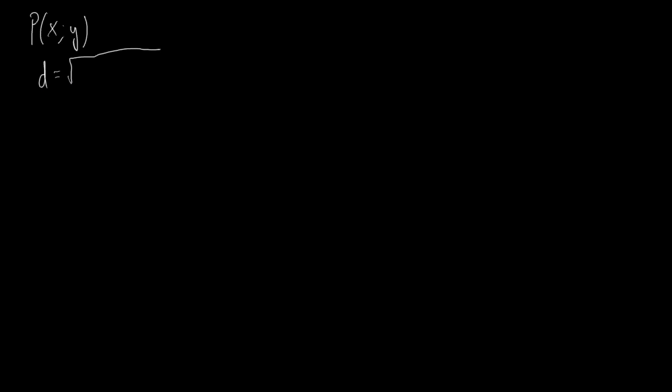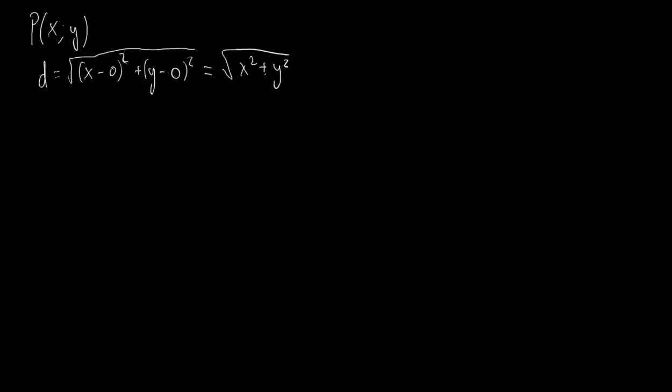So the distance will be equal to the square root of (x minus 0) squared plus (y minus 0) squared. And that is the square root of x squared plus y squared. And that is the distance from the origin.